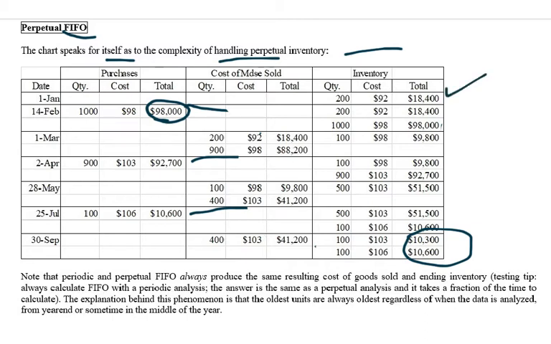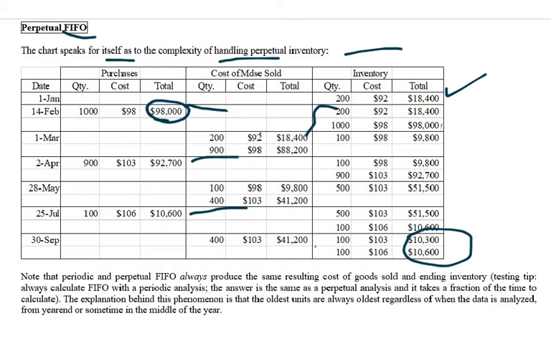Beginning inventory. Doesn't matter. You do a periodic analysis, what's the first stuff that is sold? Beginning inventory. We're doing a perpetual analysis, what's the stuff that was assumed to be first sold? Beginning inventory. So because of that dynamic, you will always get the same answer 100% of the time. I cannot devise an example that would give you a different answer.